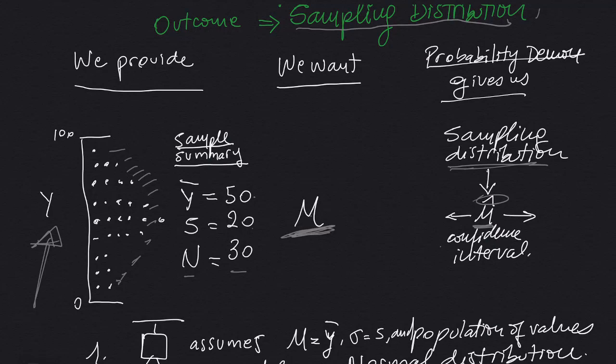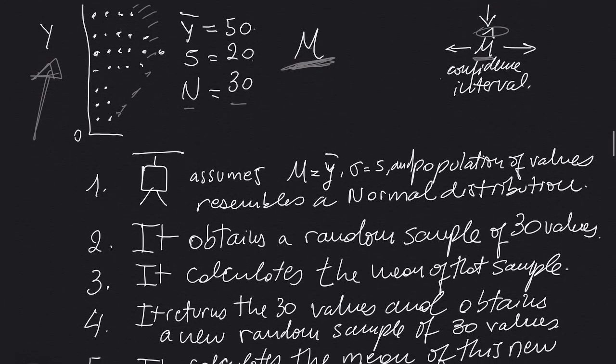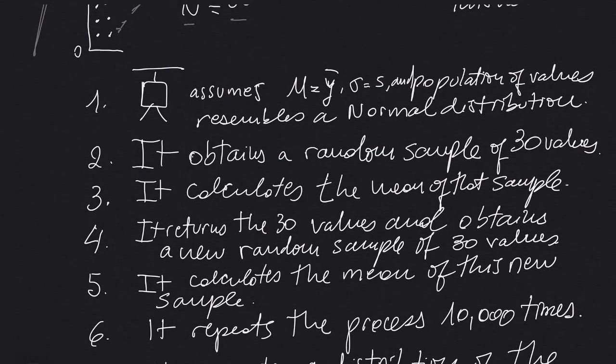Okay, so the process starts with the probability daemon. First step, the probability daemon assumes that mu equals the mean of the sample. Estimating the mean is quite easy, because what's the best estimation of mu, the mean of the population where our sample comes from? Exactly the mean of our sample.